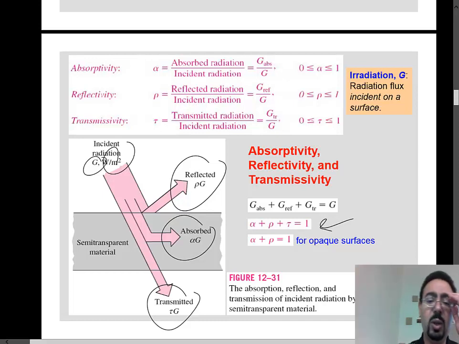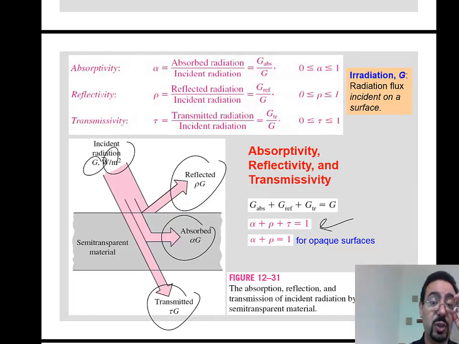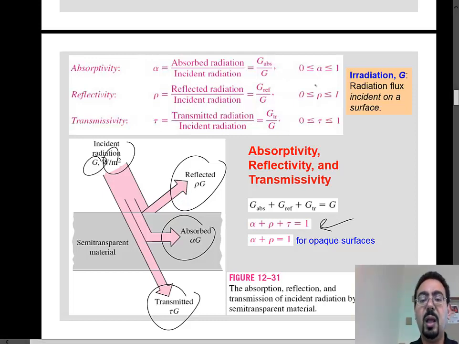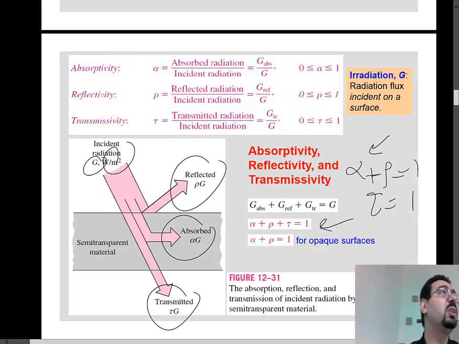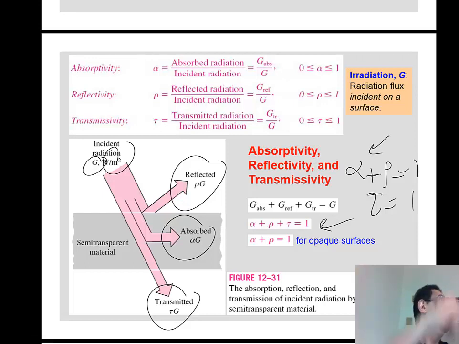And I remember one year I had a multiple choice question for them in the final, telling them for an opaque surface, alpha plus rho equals 1, tau equals 1, and other choices. And so the answer was, yeah, for an opaque surface, what is an opaque surface? It does not let anything go through. It's not transparent. It's the opposite of transparent.